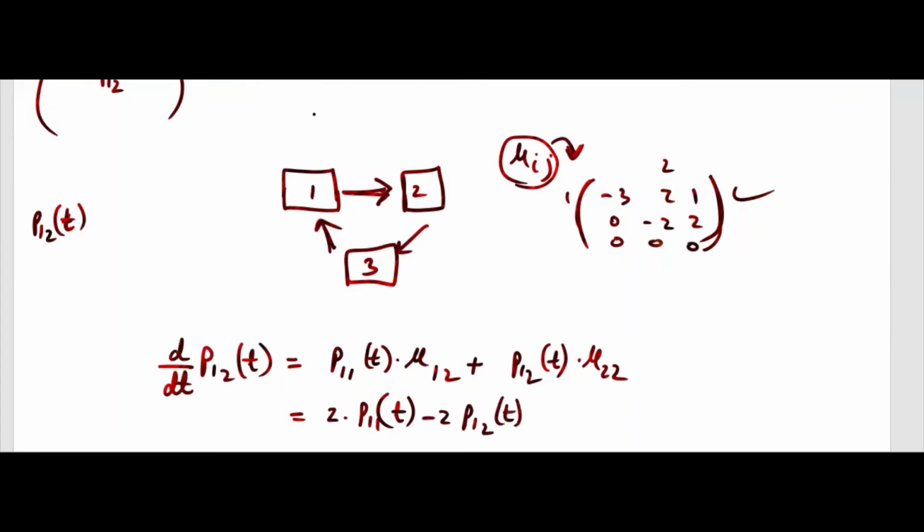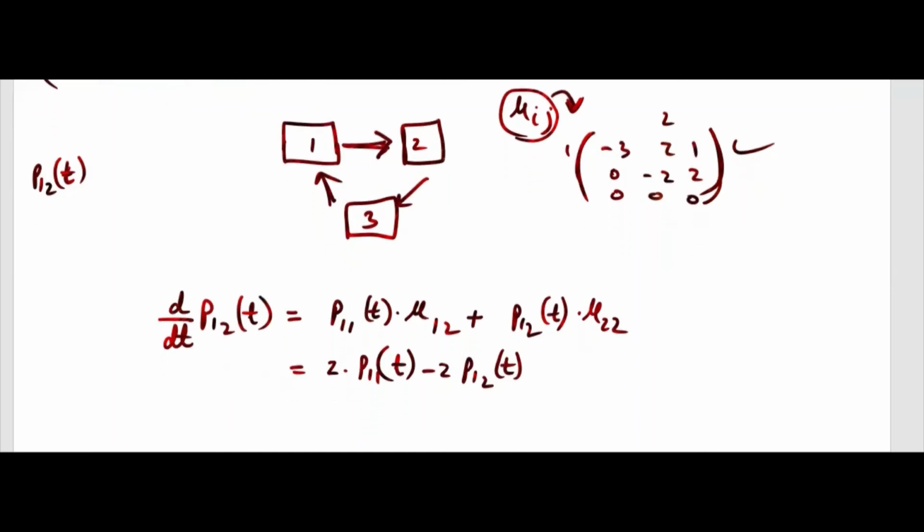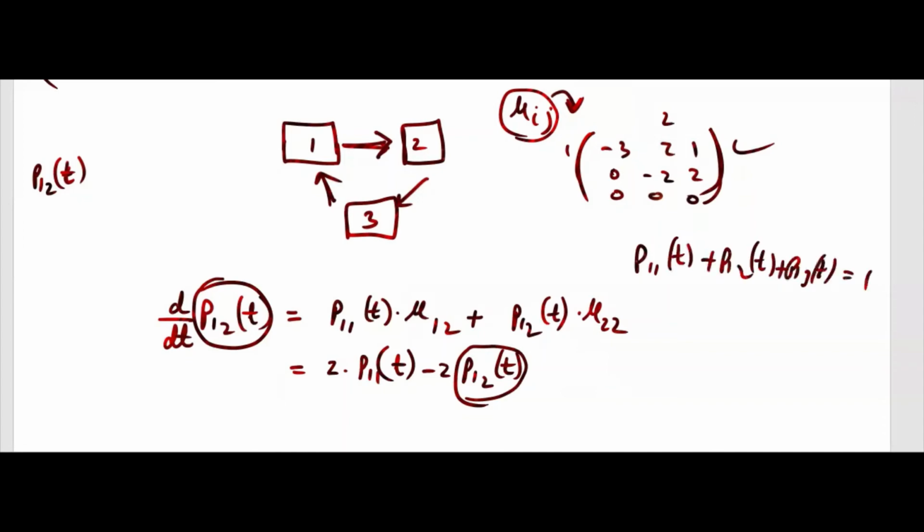Now the problem is we need to get P11 T, and this is the term which we don't want. Fortunately, P11 T plus P12 T plus P13 T is equal to 1, like I mentioned in the last class.